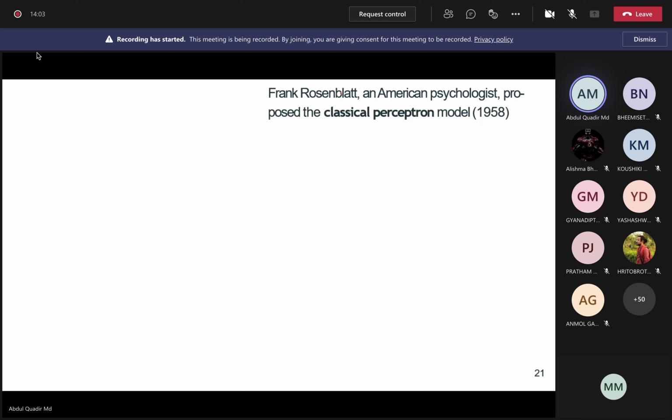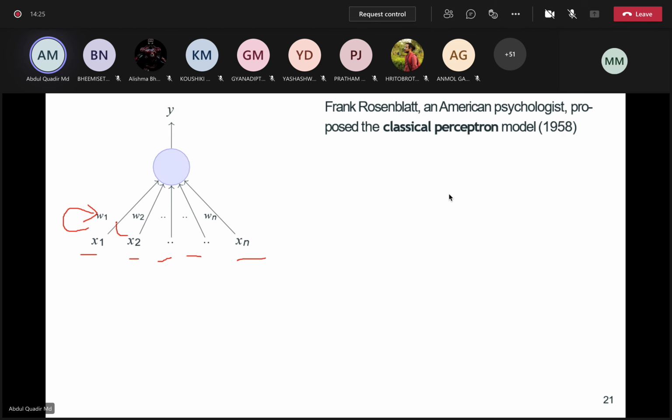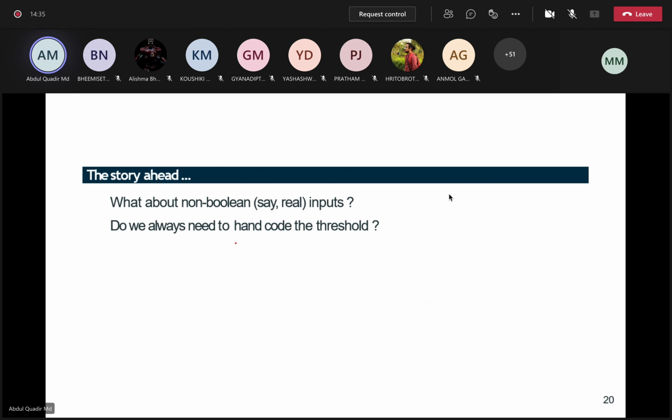Frank Rosenblatt, an American psychologist, proposed this classical perceptron in the year 1958. What he did is, given inputs x1, x2, x3, x4 till xn, he added a weight to the inputs and played with them.